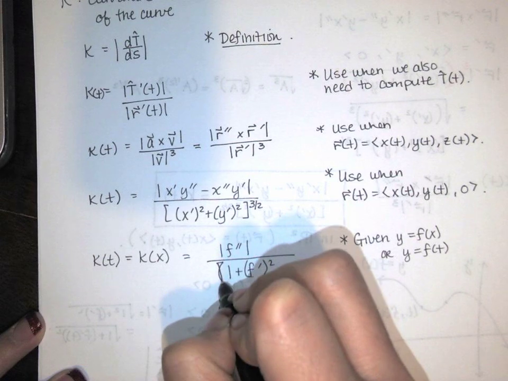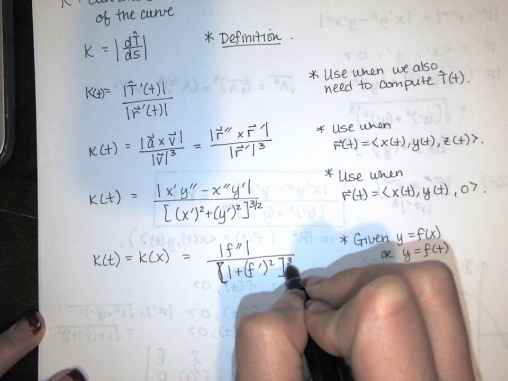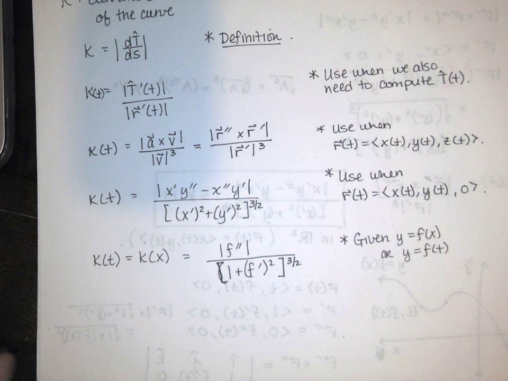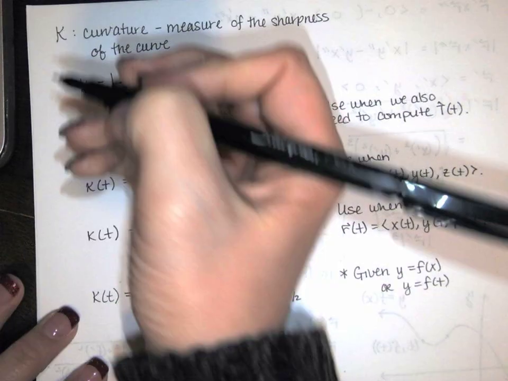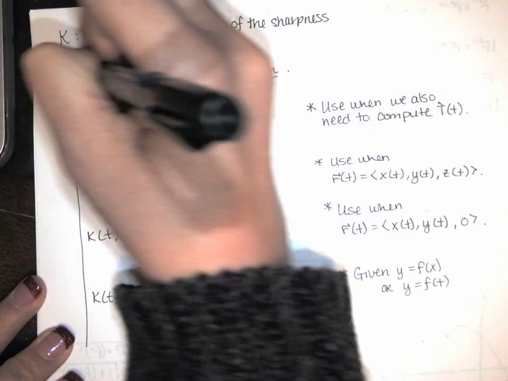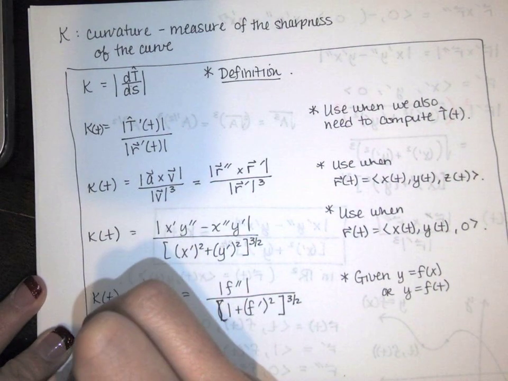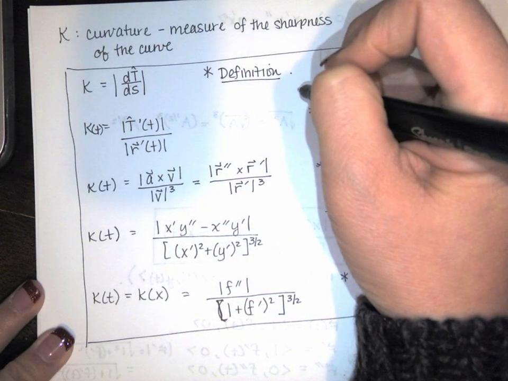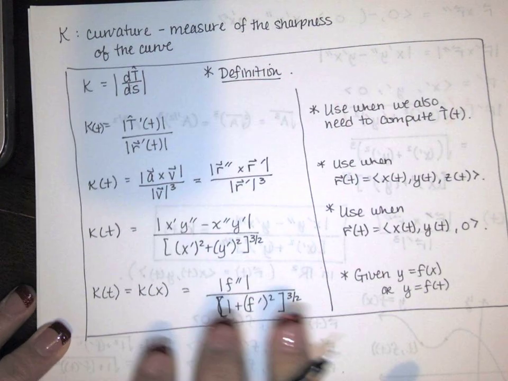Or if you prefer, and I do prefer, I'm going to call that to the 3/2 power. Okay, so these are the 5 formulas. Never use the top one. And these are the conditions when you use them.